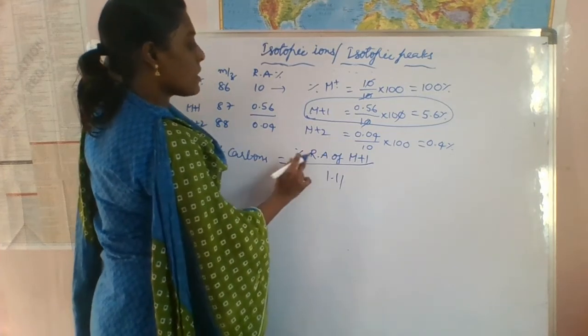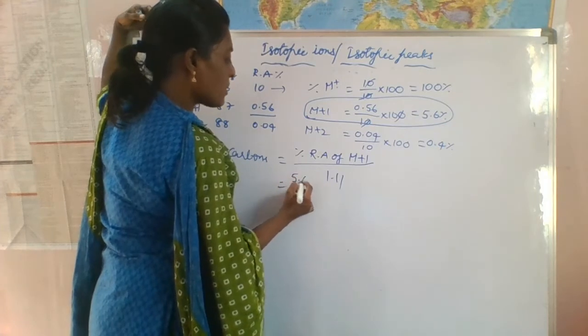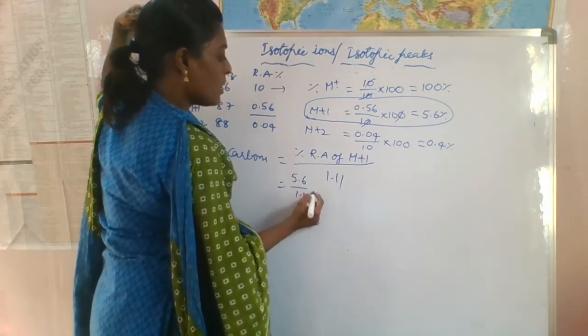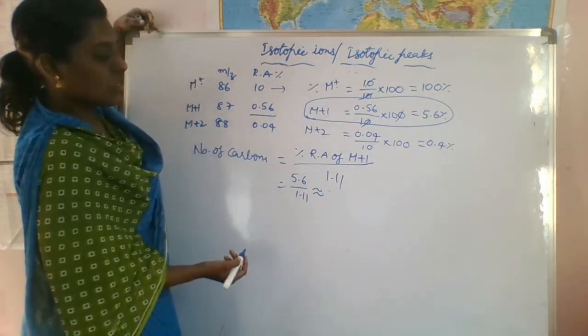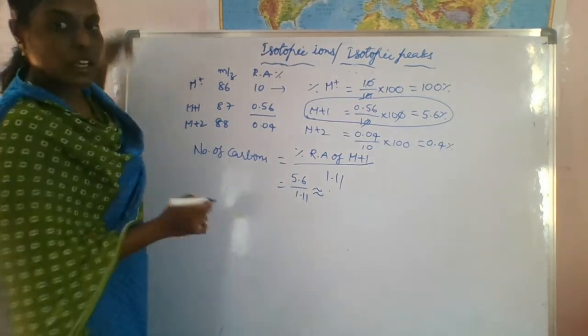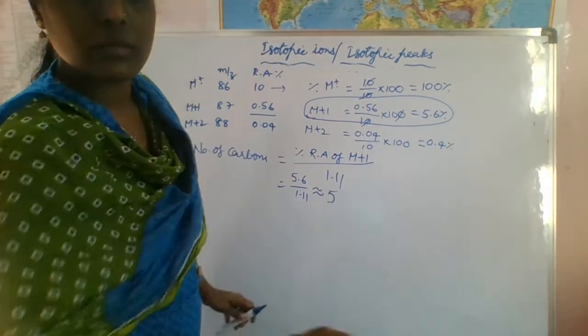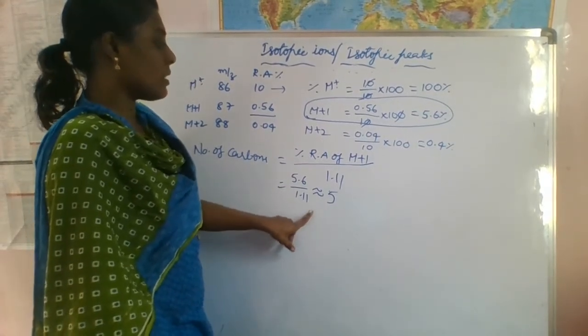The percentage of relative abundance here is 5.6, so 5.6 by 1.11 is about 5.